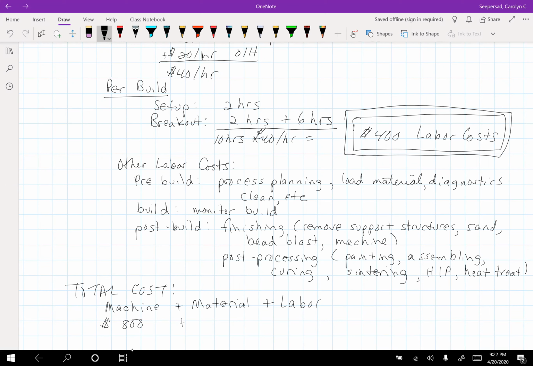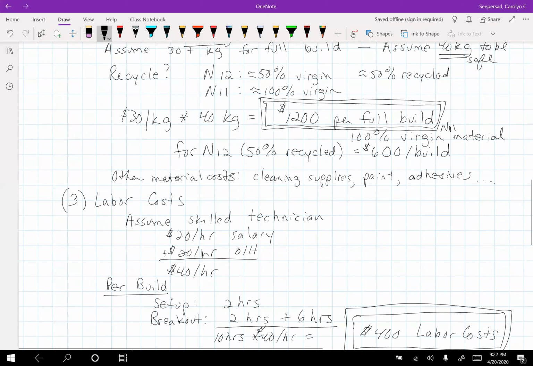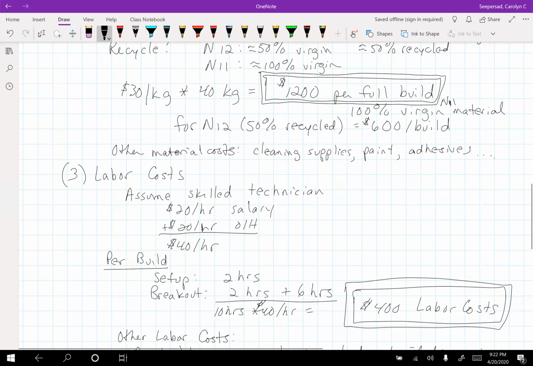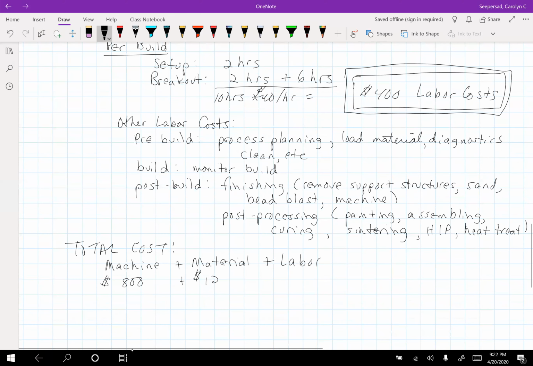The material costs are going to be, what did we say? $1,200 per full build. Plus the labor costs we decided would be about $400, all per build. And so that adds up to a total of $2,400 per build.